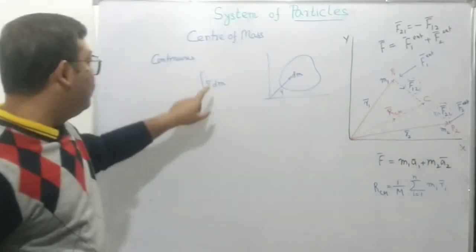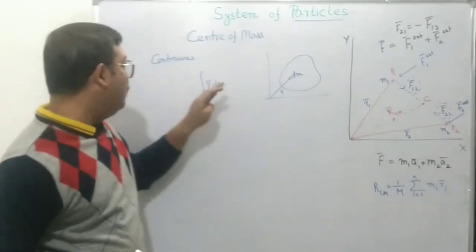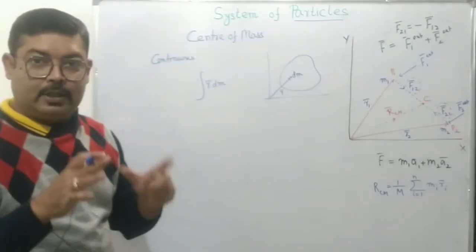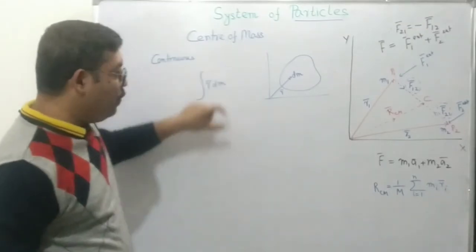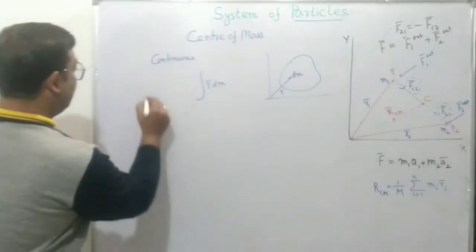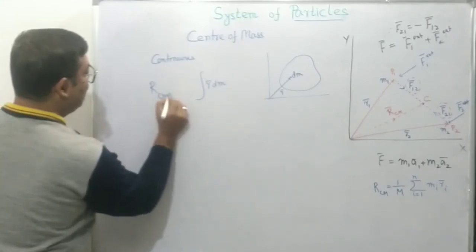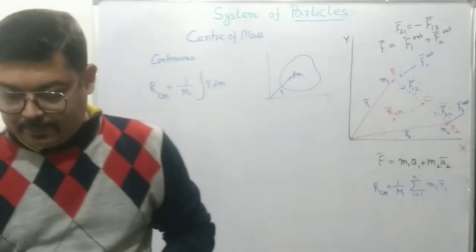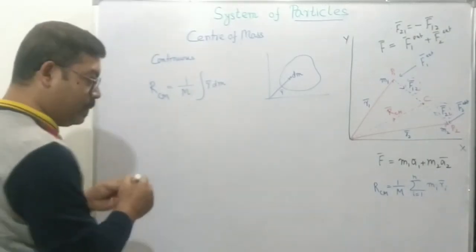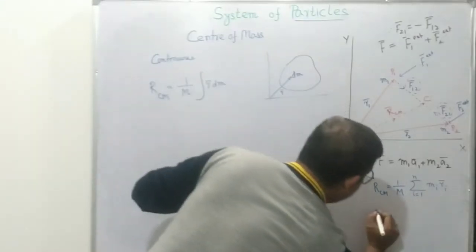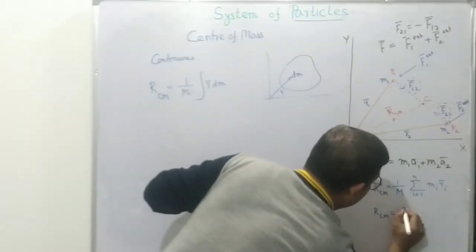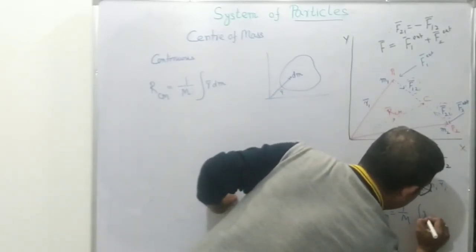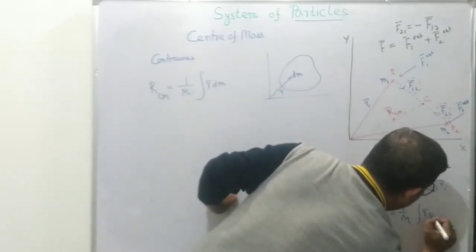So for a continuous body, instead of doing the summation, we will integrate it over the entire body of the object, or continuous mass distribution. Now we have found this term. So by definition, R_CM will be 1 by total mass of the body multiplied by this. So in case of continuous mass distribution, this will be the equation: 1 by m, integration over the entire body of the continuous mass distribution r dm.